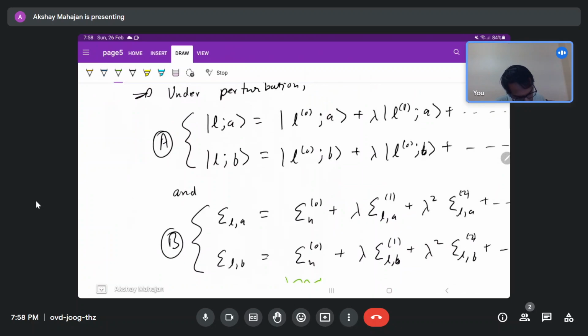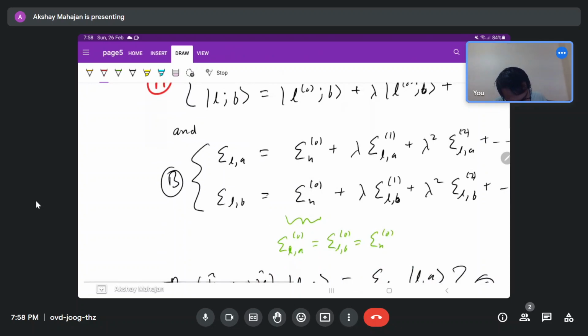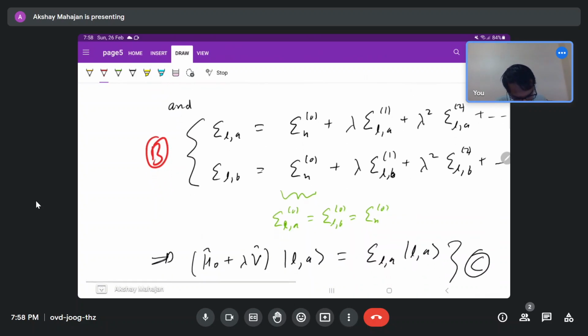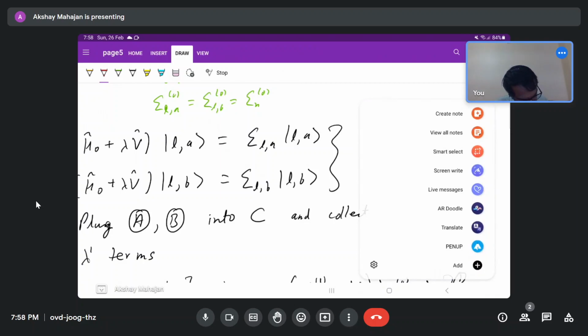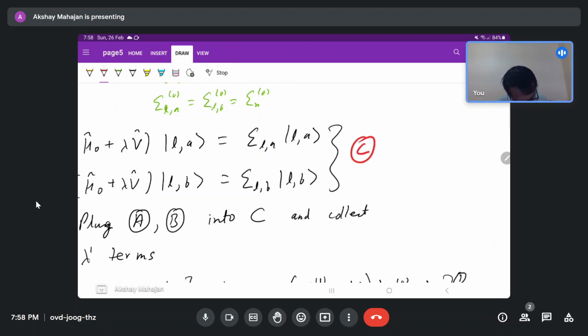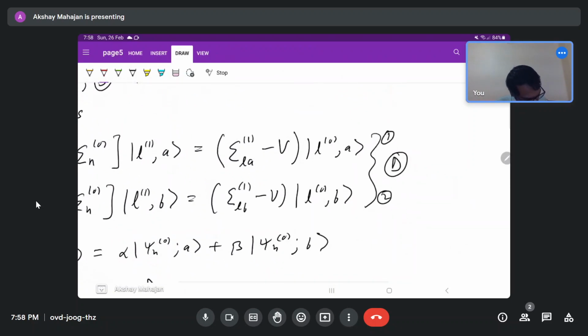Let me write these equation numbers in a bright color so that I can see the equations. This is equation A. This is equation B. This is equation C. This is our equation number D.